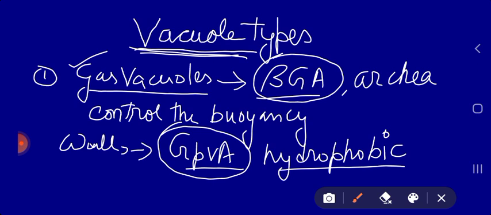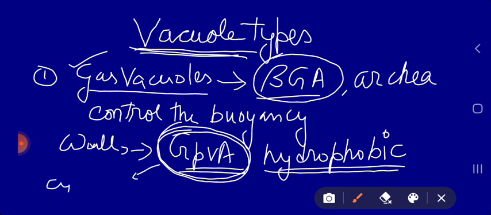Now, this gas vesicle protein A, which forms the wall of the vesicle, forms a cylindrical, hollow, proteinaceous structure that fills with gases.